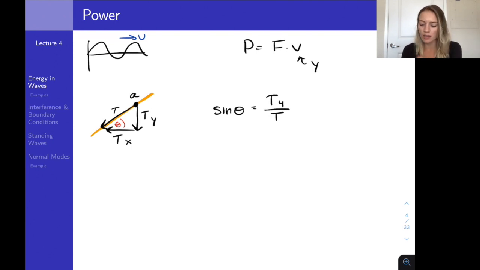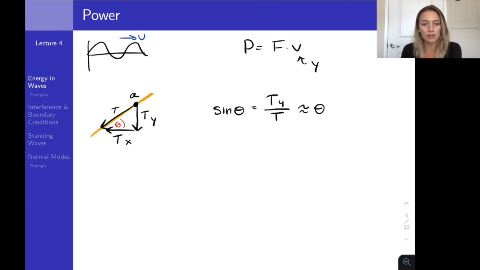But if we're looking at very, very small displacements from equilibrium, so again, we're looking at the small angle approximation. So just a very, very tiny piece of wire where the displacement is almost zero, but not quite. We're looking at a very small angle, so we can use the small angle approximation and say that sine theta is approximately equal to theta.